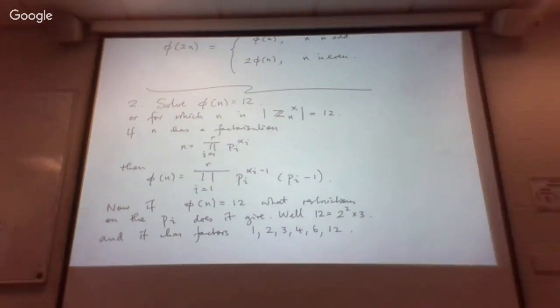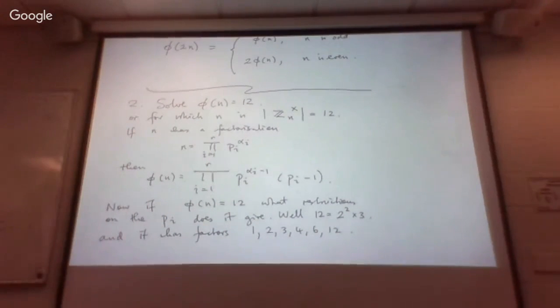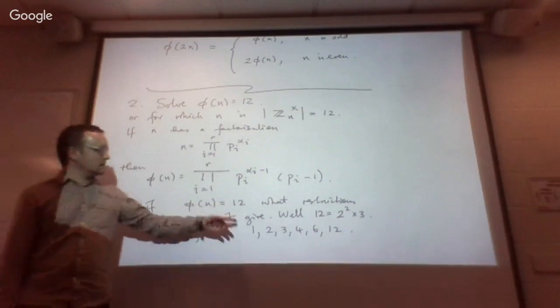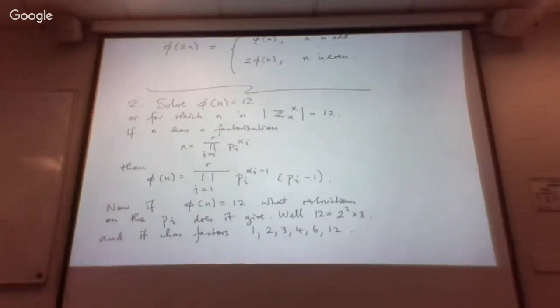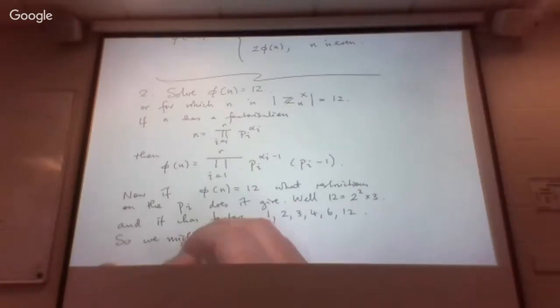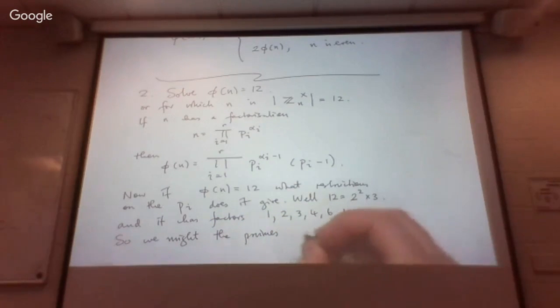Just considering all the factors of 12, we can get a fairly heavy restriction on the possibilities for the primes p_i. So we might see the prime 2.